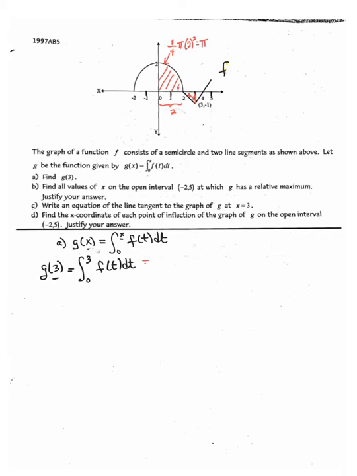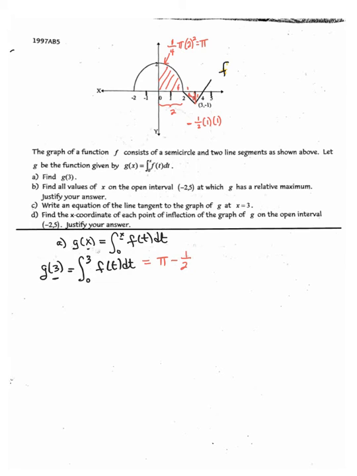And it's positive because that region is above the x-axis. The area of this little triangle here has a base of 1, a height of 1, so the area would be 1/2, 1 times 1, but that would be negated since the triangle is below the x-axis, so that is minus 1/2. And that would be the answer to part A.